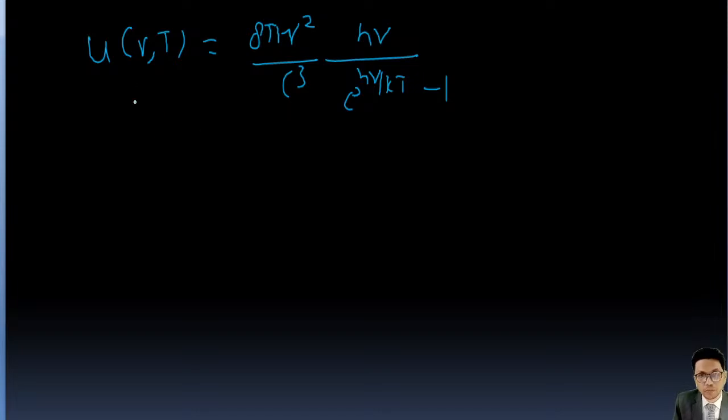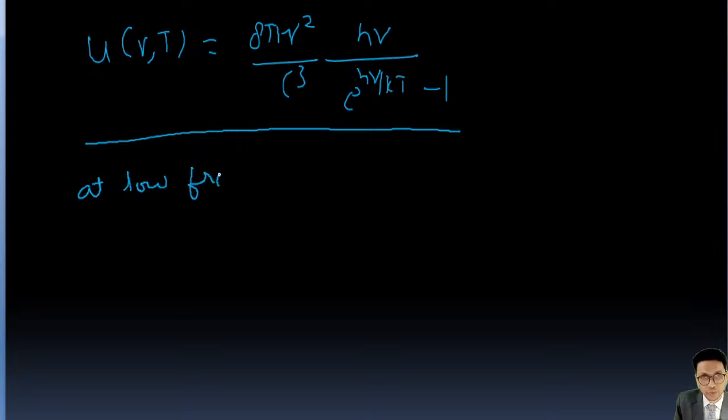So by this we can easily deduce Rayleigh-Jeans law and Wien's law, right? We are going to deduce Rayleigh-Jeans law from this.